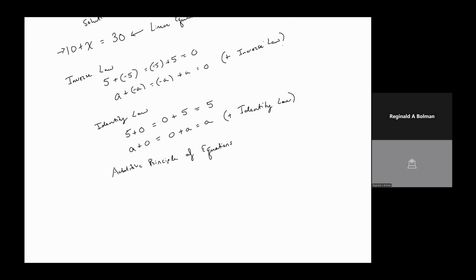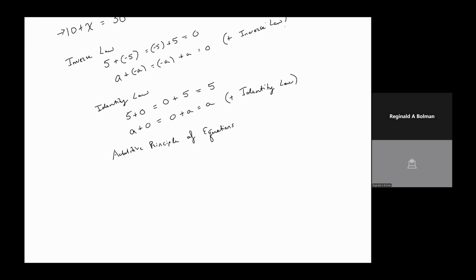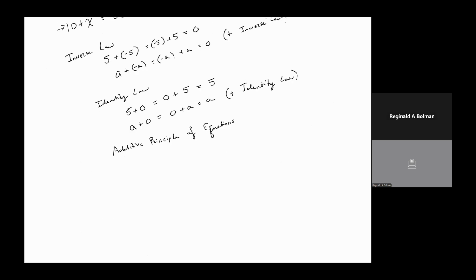And what the additive principle of equations says is it's just a remark about the basic idea of an equal sign. When you have some quantity, say a number is equal to something else, what we're saying here with the equal sign is that the number on our left-hand side has to equal the total quantity that exists on the right-hand side.